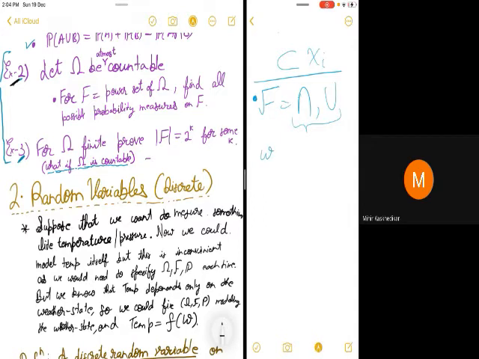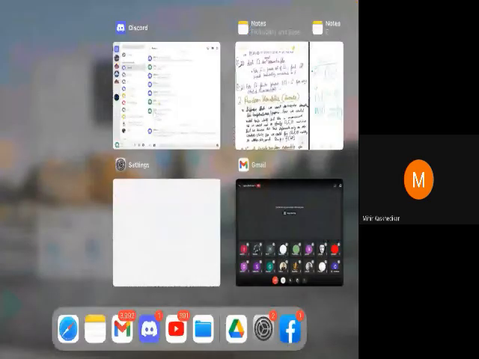Take an omega and take the intersection of all the sets A such that omega is an element of A, and A belongs to F. So the set which we have constructed will belong to F by the countable intersection property. Is that clear?